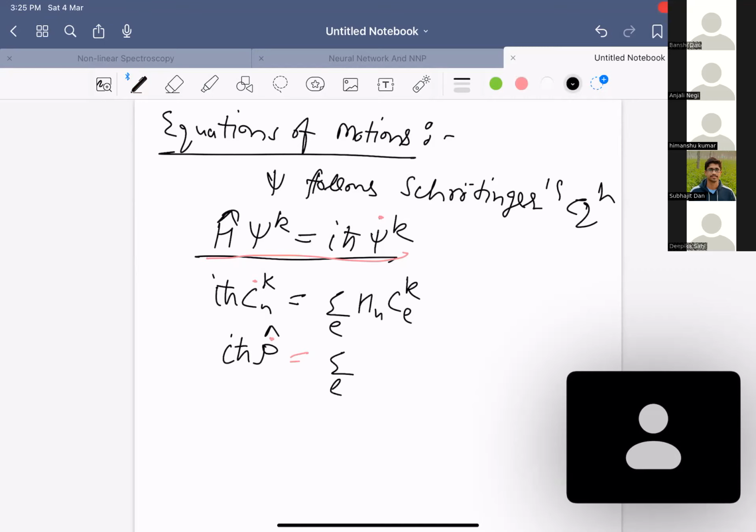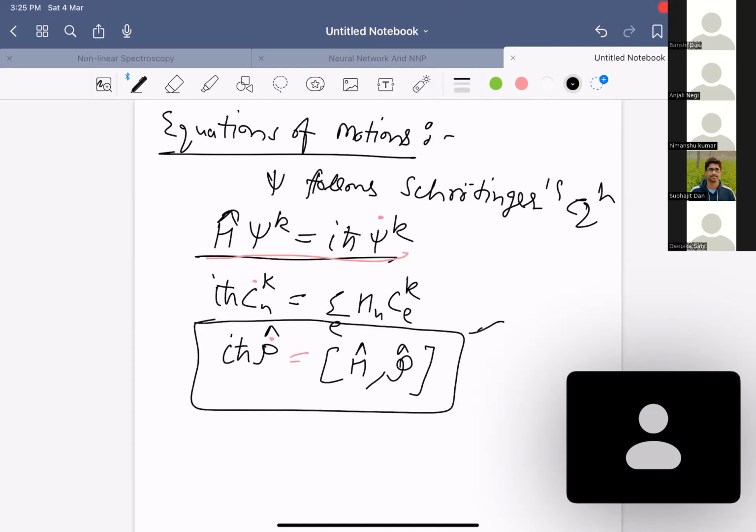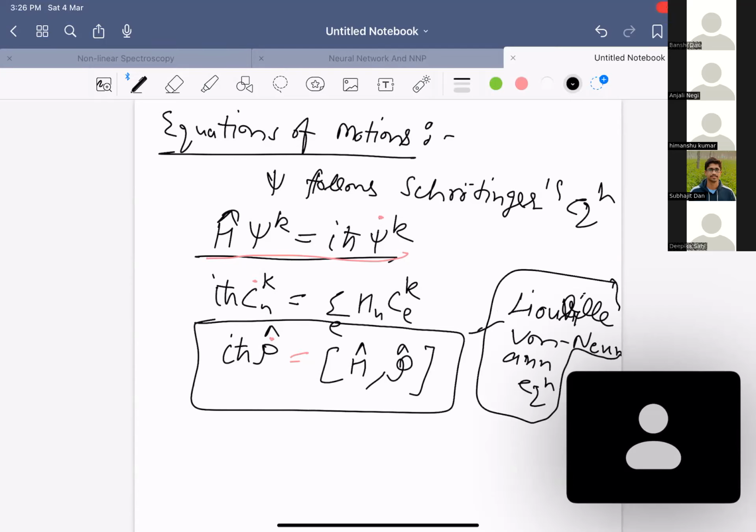So it can be written simply as this, and this is the famous Liouville-von Neumann equation, which is the counterpart of the Liouville equation in classical mechanics.